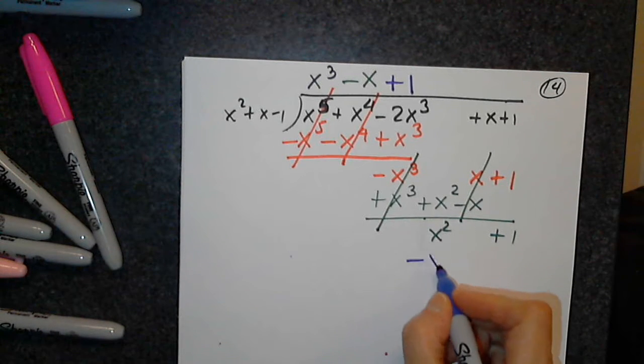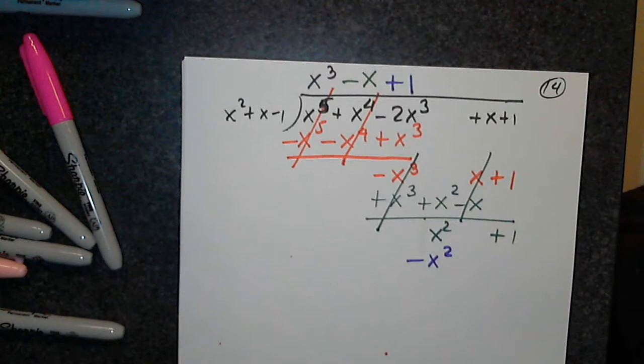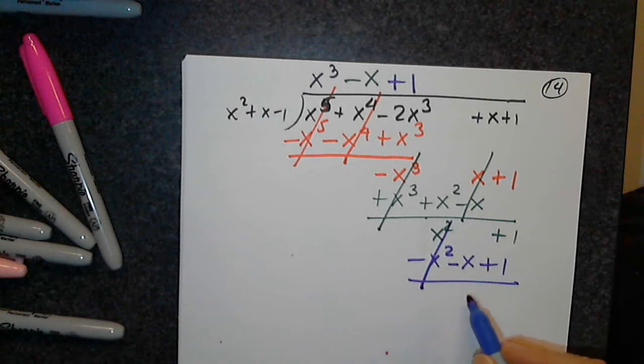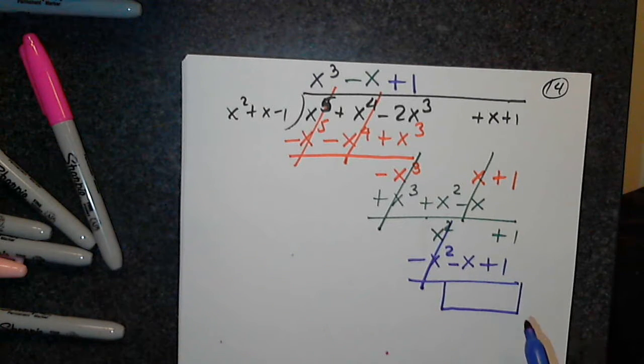Change the sign. 1 times x is x. And 1 times negative 1 is negative 1, but I have to write plus 1. These 2 are gone. What is left as a remainder? Careful. Plus 2.